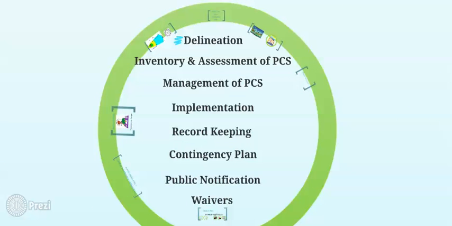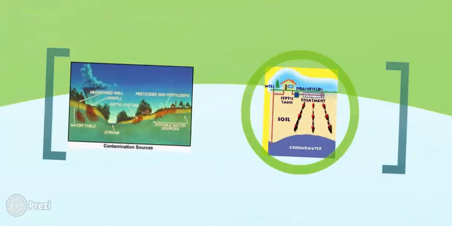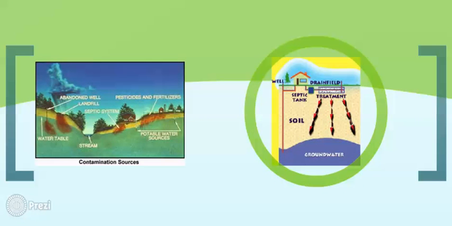Next is an inventory of potential contamination sources and assessments. This includes, but is not limited to, abandoned wells, landfills, septic systems, businesses, and others.